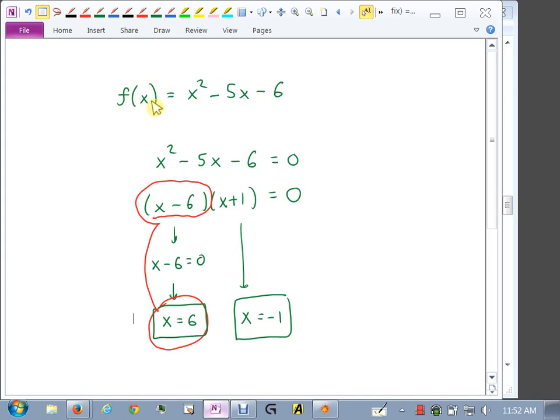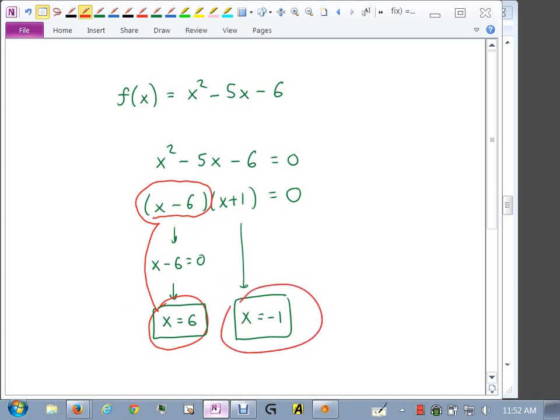So look at this function up here. Let's say that you had not factored it, but I told you it has an x-intercept of 6. You would then, guaranteed, know that x minus 6 would be a factor of that function.